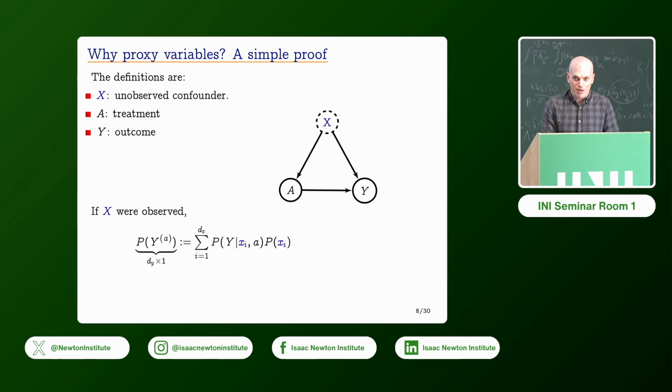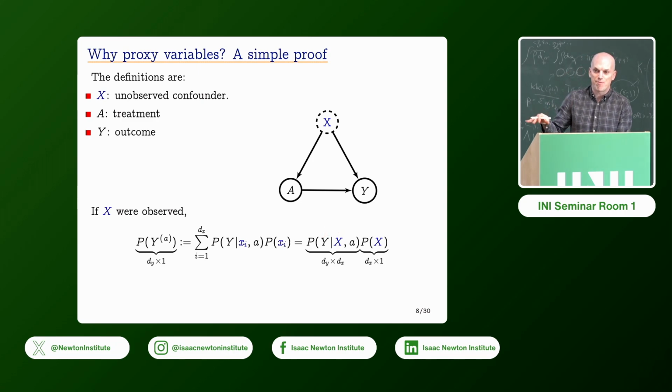I'm going to use a slightly more concise notation, which is a matrix-vector expression for the previous expression. This is a dy by dx matrix. For every A, for every treatment, it's a dy by dx matrix: the probability of Y given X at that A. Each A gives me a different matrix.